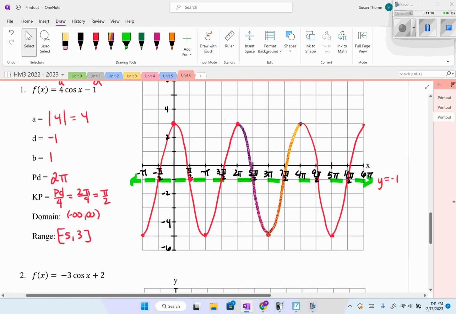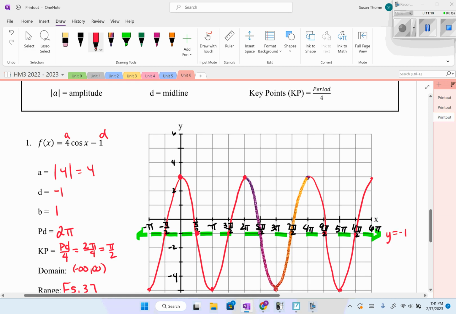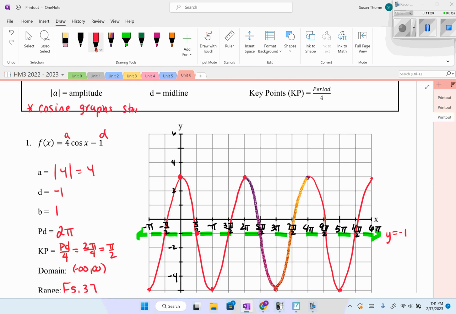So the key is to remember, I'm going to make a note up here, that the cosine graph starts on the y-axis above or below.